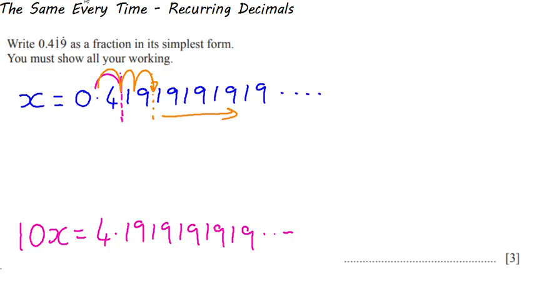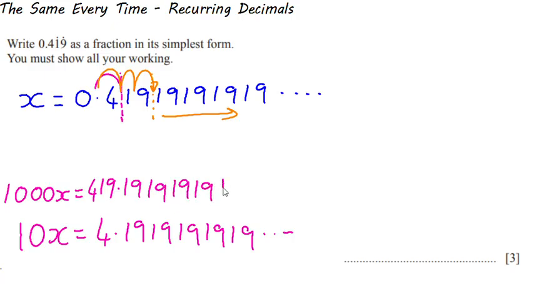Moving my decimal point 3 places is equivalent to multiplying by 1000. So 1000 times x is going to be 419.191919, and the whole idea of this is that the right-hand side is the same, all the 19s.